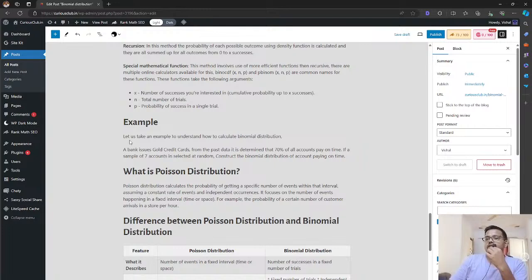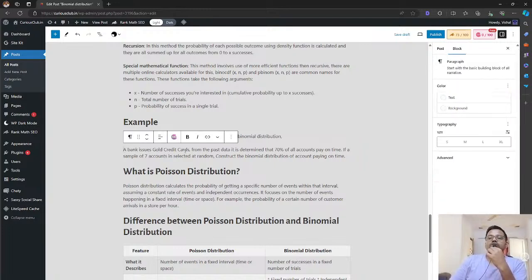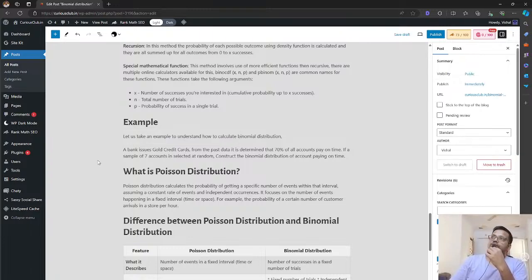Here the question is: a bank issues a gold credit card. There is a bank which has a product called gold credit cards, and from the past data of the customers, they already have this success rate data: out of all the customers, 70% are paying the bill on time who are using the gold credit card.